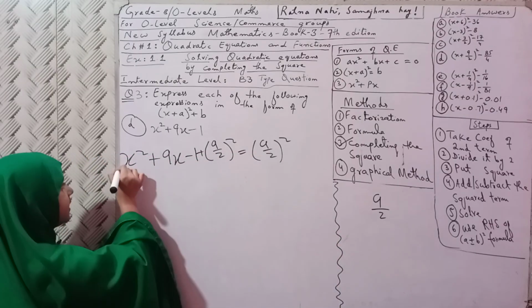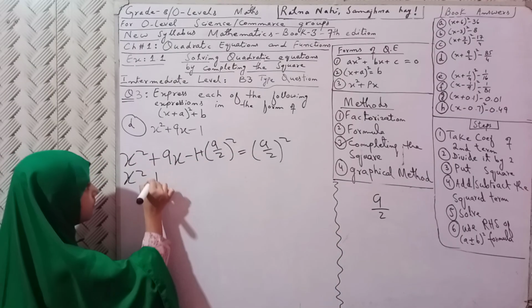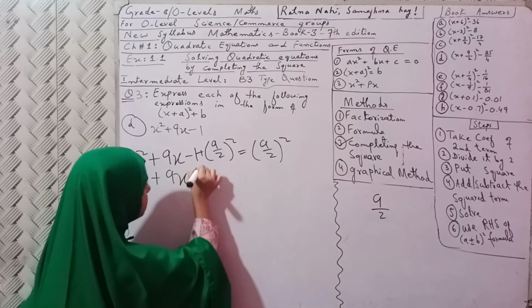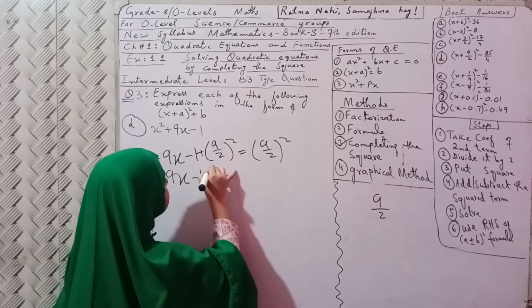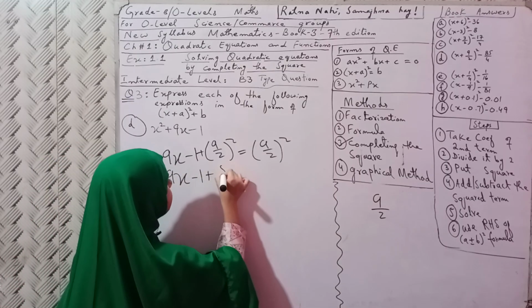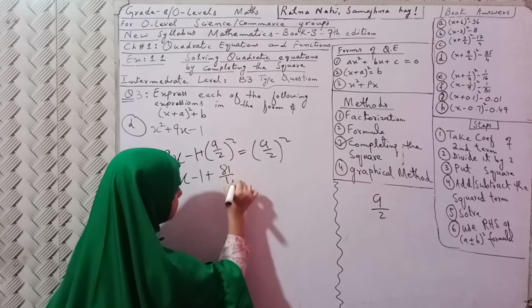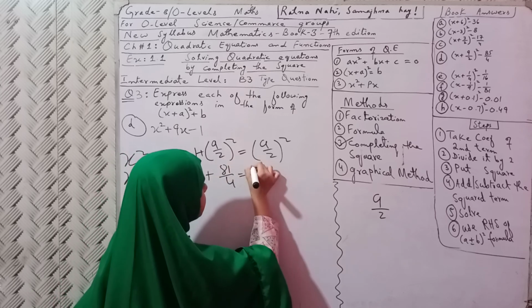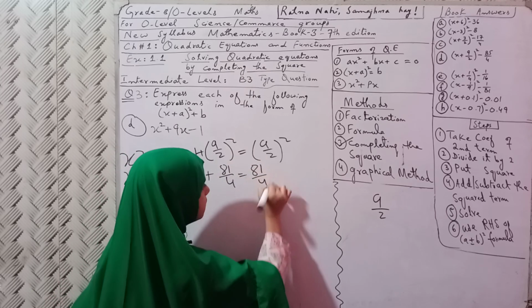So here will come x square plus 9x minus 1 plus 9 9 is 81, 2 2s are 4 is equal to 9 9 is 81, 2 2s are 4.